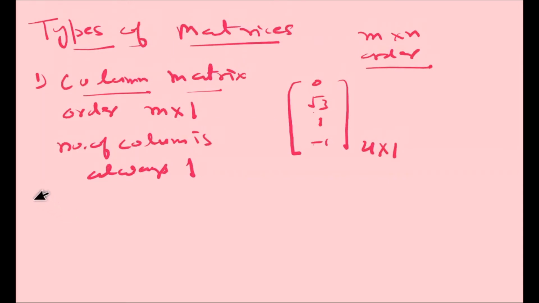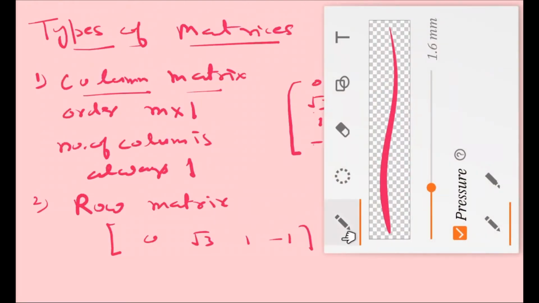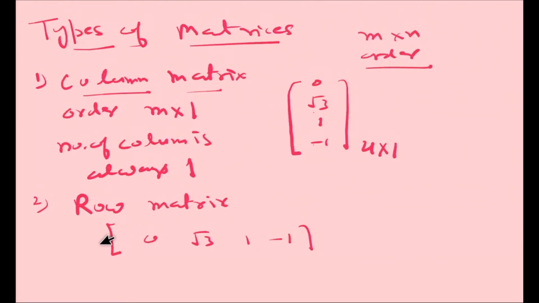Now similarly we can describe the row matrix, and I think according to name you have understood. Now write here 0, root 3, 1, minus 1. So what is the order of this? The order of this is 1 row, but 1, 2, 3, 4 columns, 1 into 4.